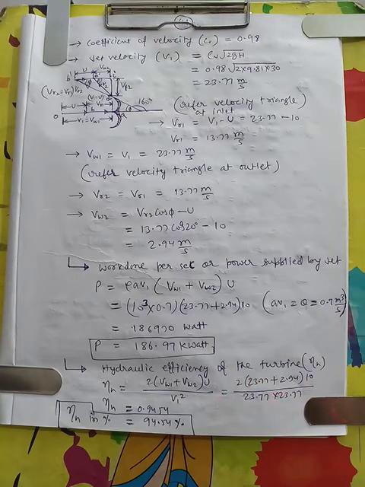U is 10 and V1 is 23.77, squared. By calculating we get 0.9454, the fractional efficiency. The percentage efficiency is obtained by multiplying by 100, so 94.54. This is the hydraulic efficiency of the turbine.